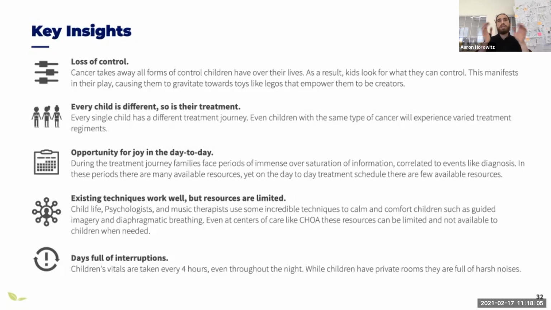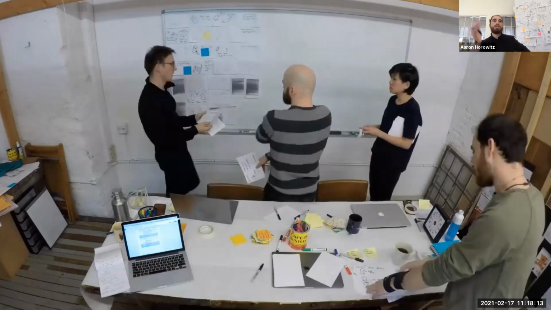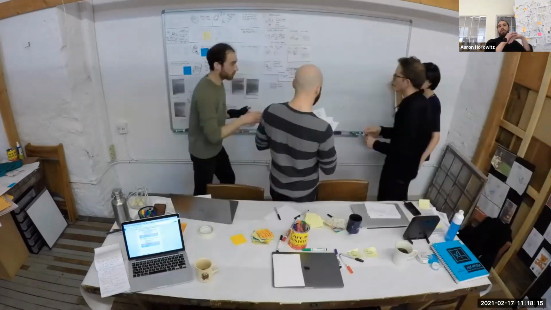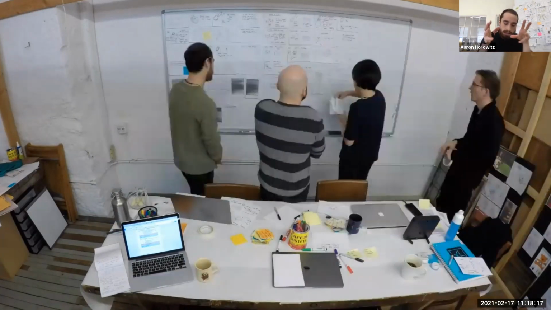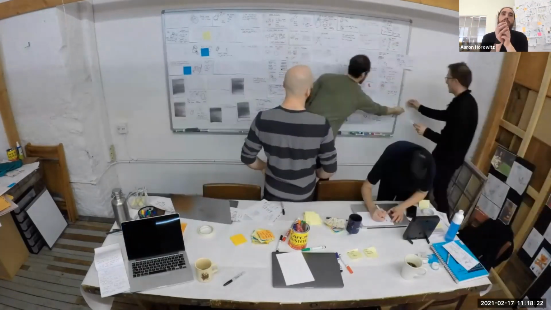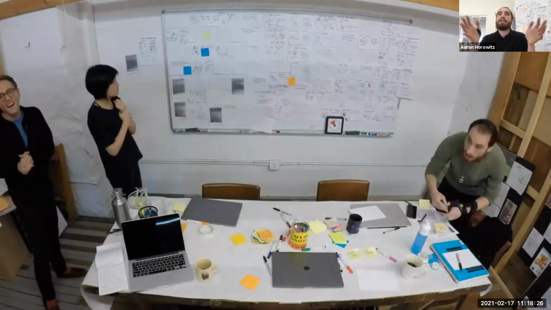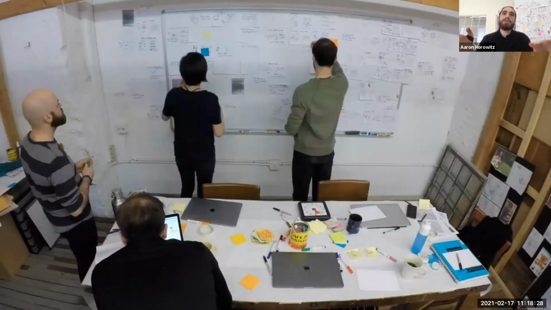So using these key insights, we jumped off into ideation. This is actually a little time lapse we took that I'll narrate over. What we would do is create these how-might-we statements that appealed to different insights. So perhaps, how might we give children back feelings of control, because that was one of our grounding insights.